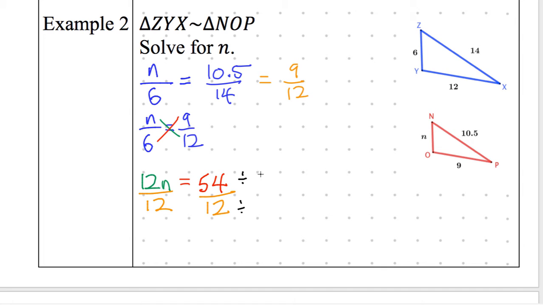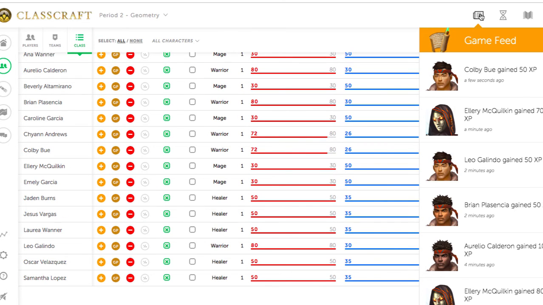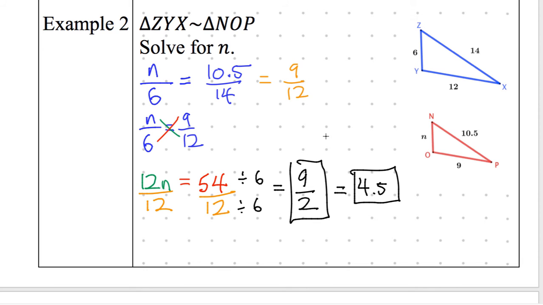I can divide the top and bottom by 6, right? 54 divided by 6 is, Colby? 9. 12 divided by 6? 2. You can leave it as 9 halves if you would like, or you can say 4.5. Either of those work. All right. Thank you, Colby. Are there questions about this?